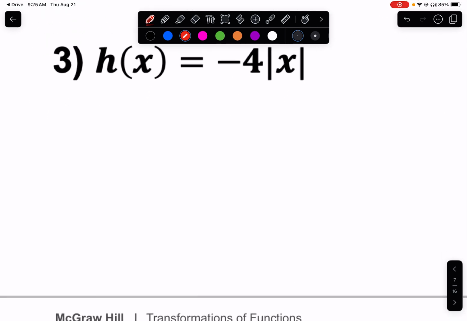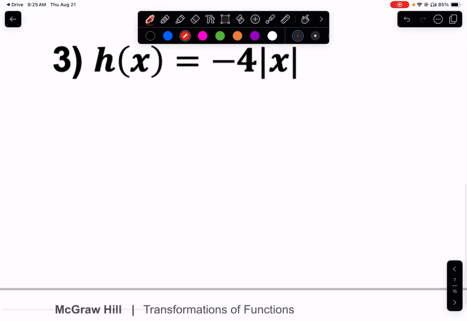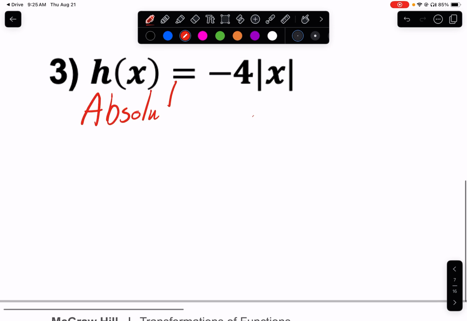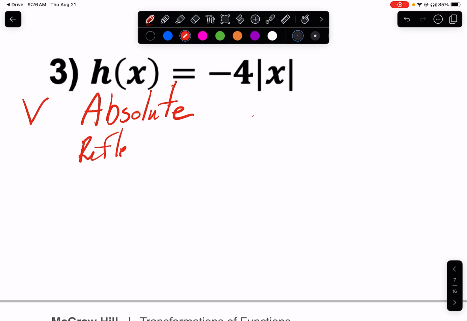Okay, first on number 3, okay, this is in the absolute family. So we're thinking that this is going to end up looking like the V. Okay, our dilation is a reflection across the x-axis.